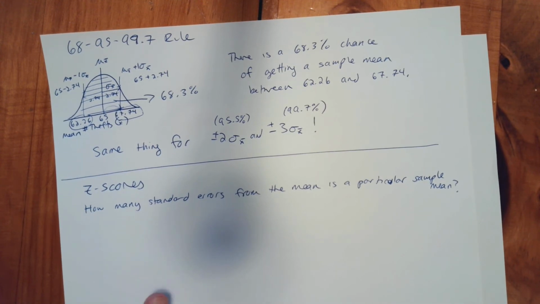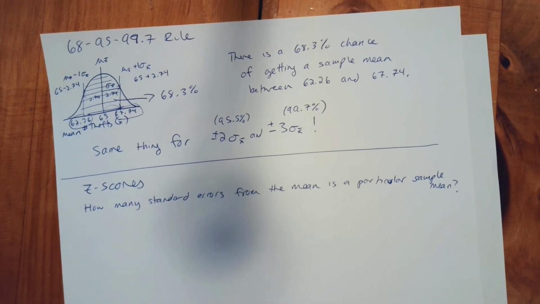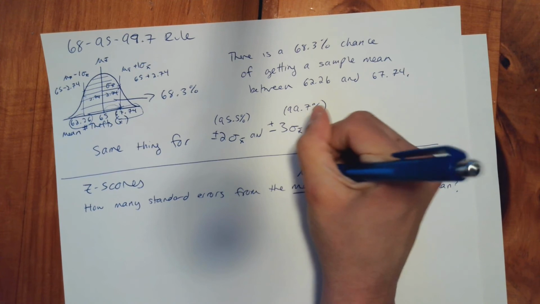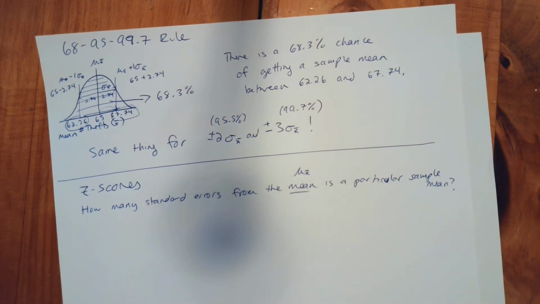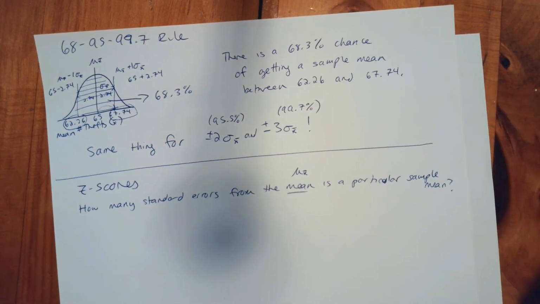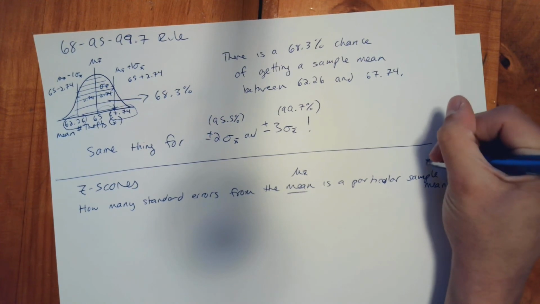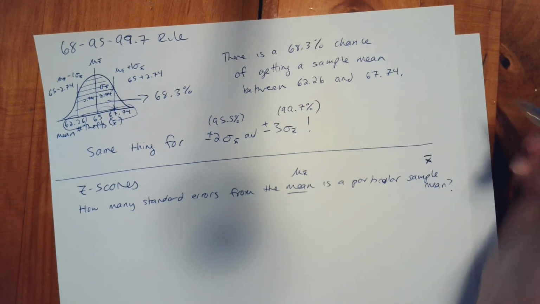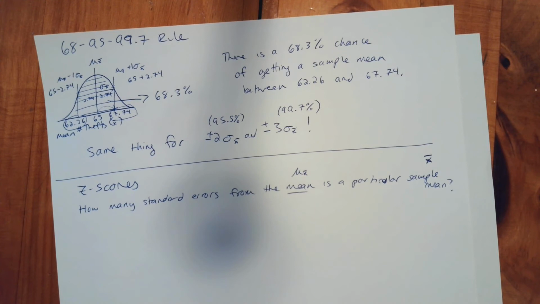So we're looking at how many standard errors, same thing as standard deviations, we are from the mean for a particular sample mean. And so this mean that I'm referring to here is going to be your overall mu of x bar, and for a sample mean, we're going to be talking about x bar, the mean for your particular sample that you take.